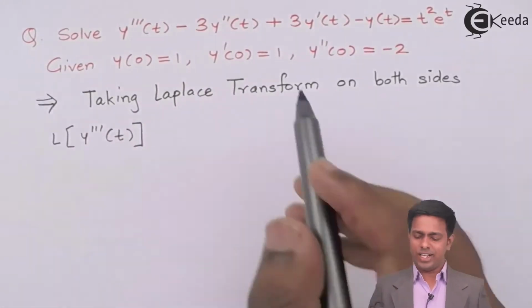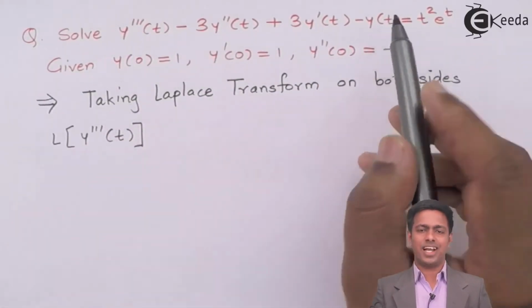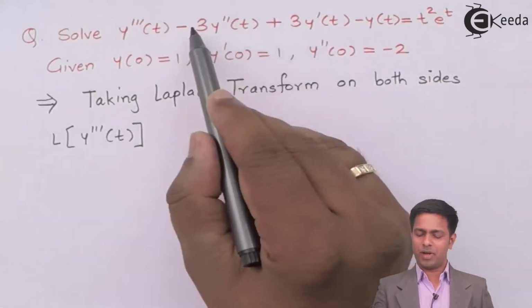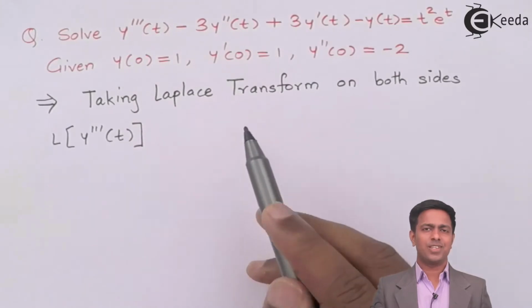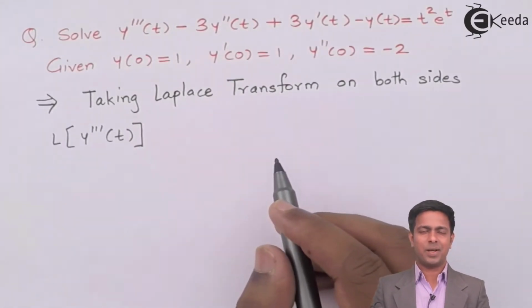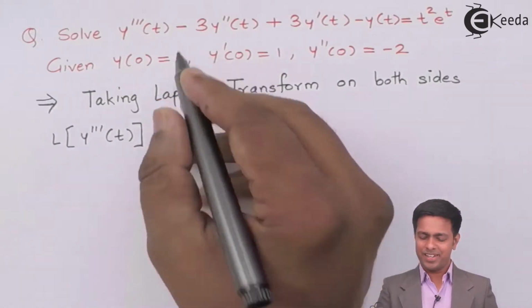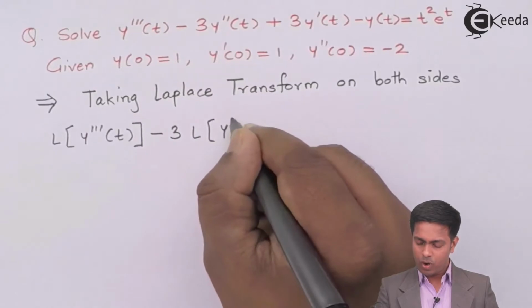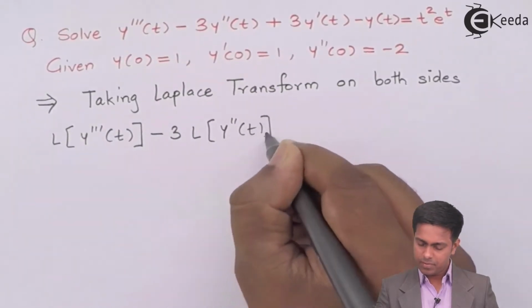So guys, on the left hand side there are 4 terms. I'll take Laplace transform of the 4 terms separately, since there is a plus or minus sign between the functions, so I can apply the linearity property. As per the linearity property, I'll take the Laplace of each and every term separately. So negative 3 outside. Now I'll take Laplace transform of y double dash of t.